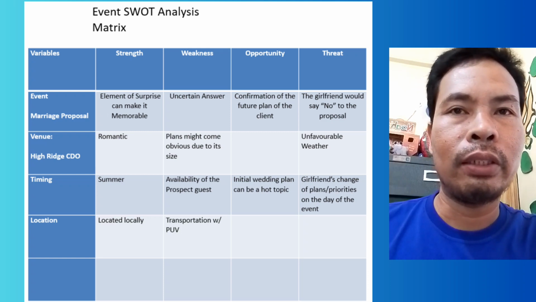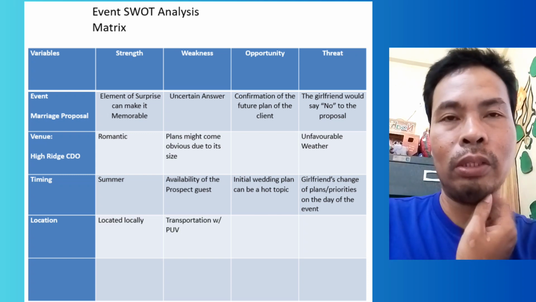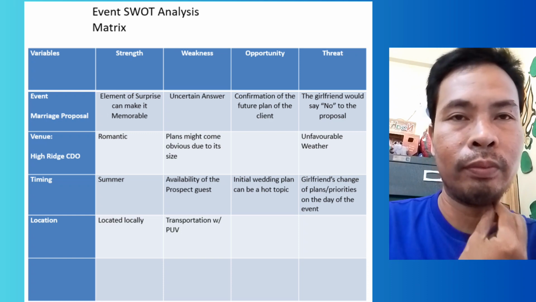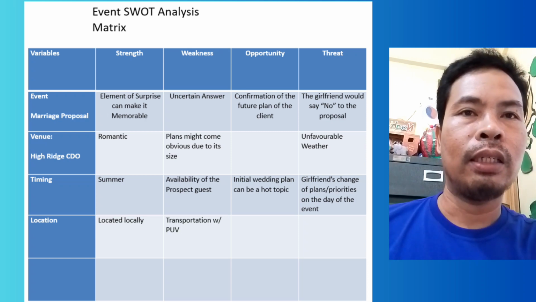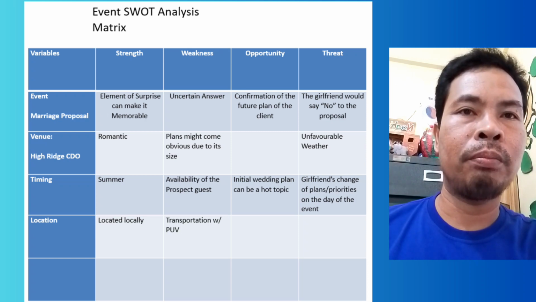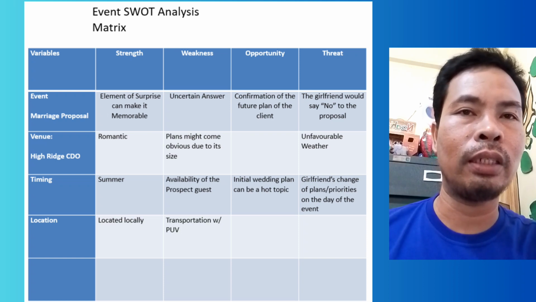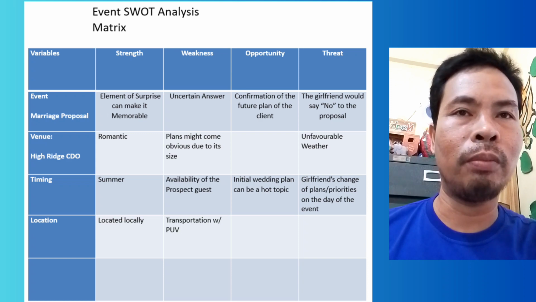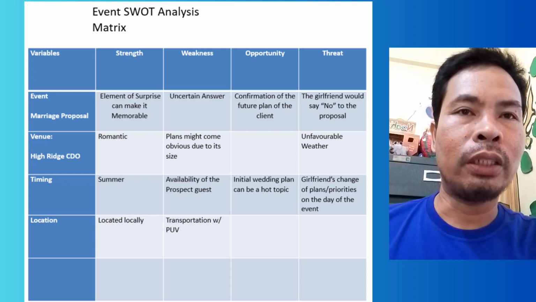Then the timing, it could happen during summer. Then weakness is the availability of the prospective guests. They might come up with their own plans during the event, so they might not be available. Then the opportunity is the initial wedding plan can be a hot topic during the event.